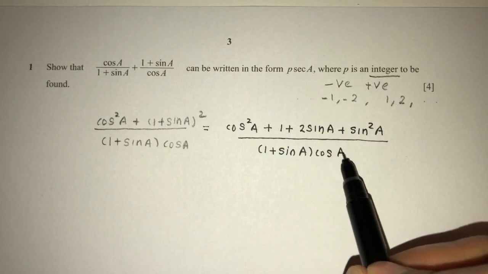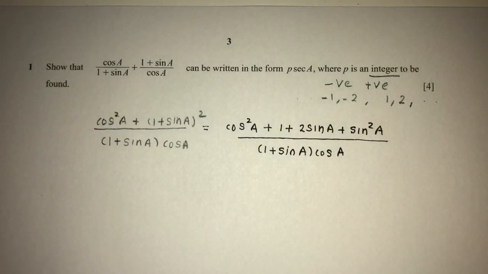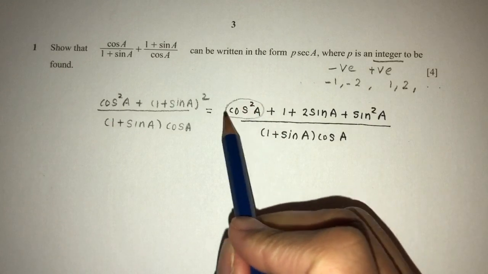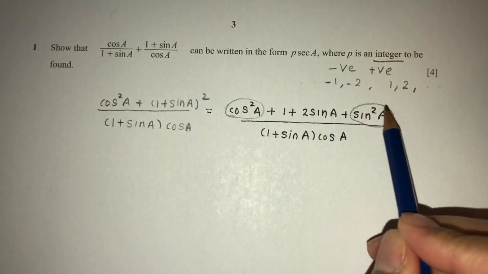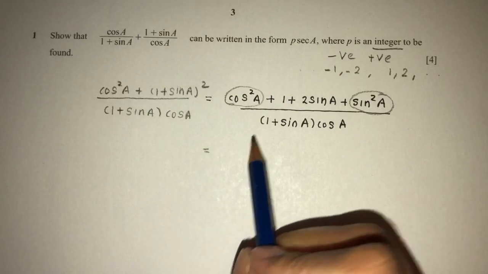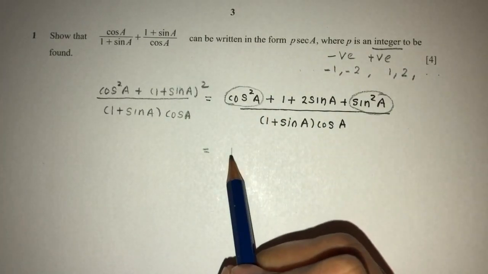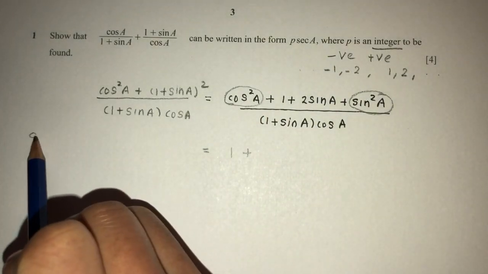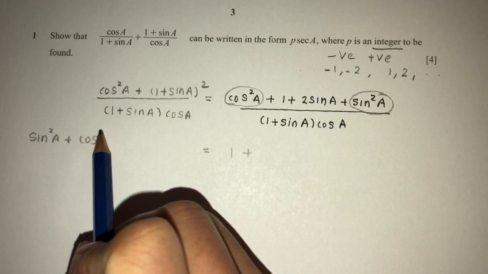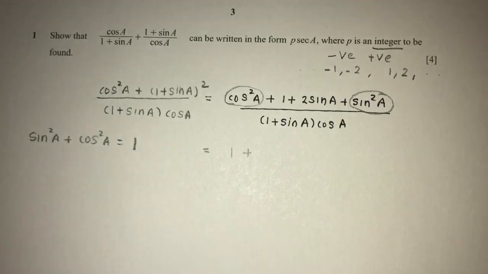Now, for the numerator, what do we notice? We can see that we have cos square A and sine square A. So we can combine those two by rewriting them as 1, because you know that sine square A plus cos square A has to be 1.